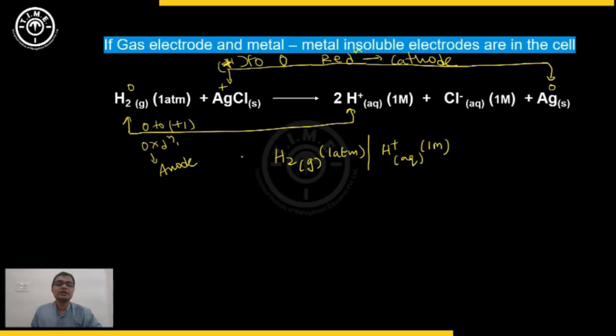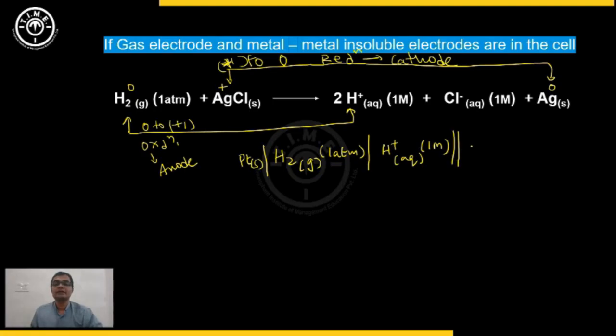Here in the gaseous electrode, an inert electrode, platinum, is taken. Platinum and hydrogen gas are separated by a single vertical line. The next, two vertical parallel lines, taken as the salt bridge.